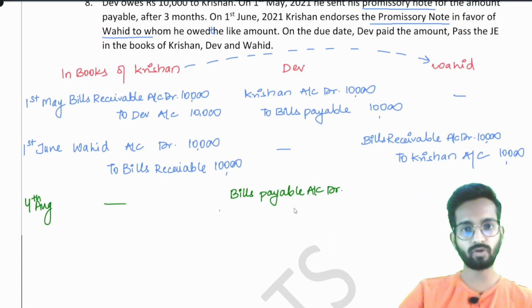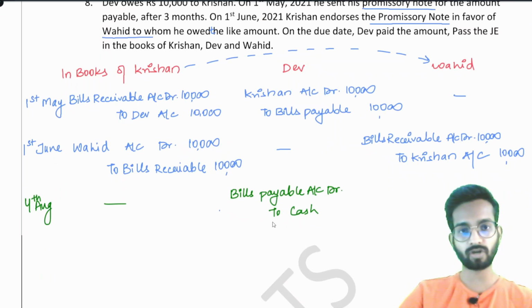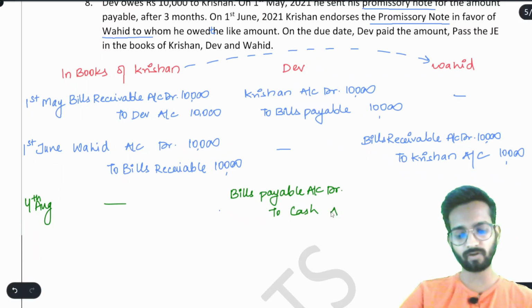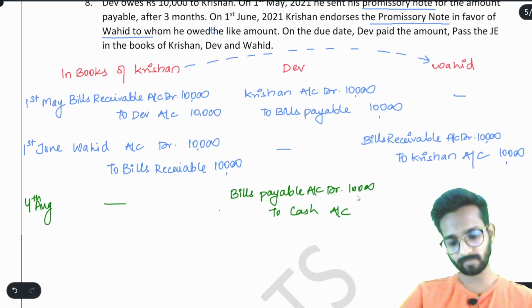On that date, Wahid holds the bill, so he will write bills payable account debit to cash. Even if Wahid holds or Narendra Modi holds, anybody holds that bill, it doesn't matter. He will pass the same journal entry, bills payable account debit to cash, because he will give that amount to the person who holds that bill. Bills payable to cash, that will become 10,000 and 10,000.